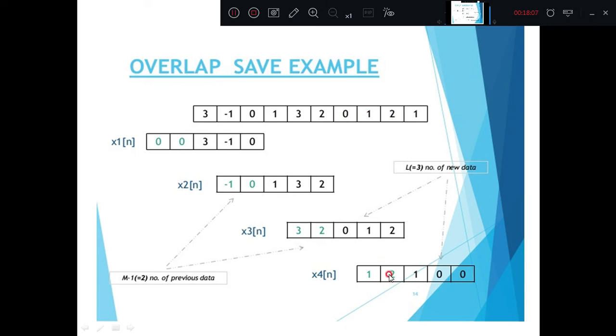Next for x4 of n, this division of the long data sequence is continued till the last samples of x of n. So last sample is 1, right? Then you put remaining 2 samples 0 because I have to make it 3, and first 2 samples are from previous x3 of n.